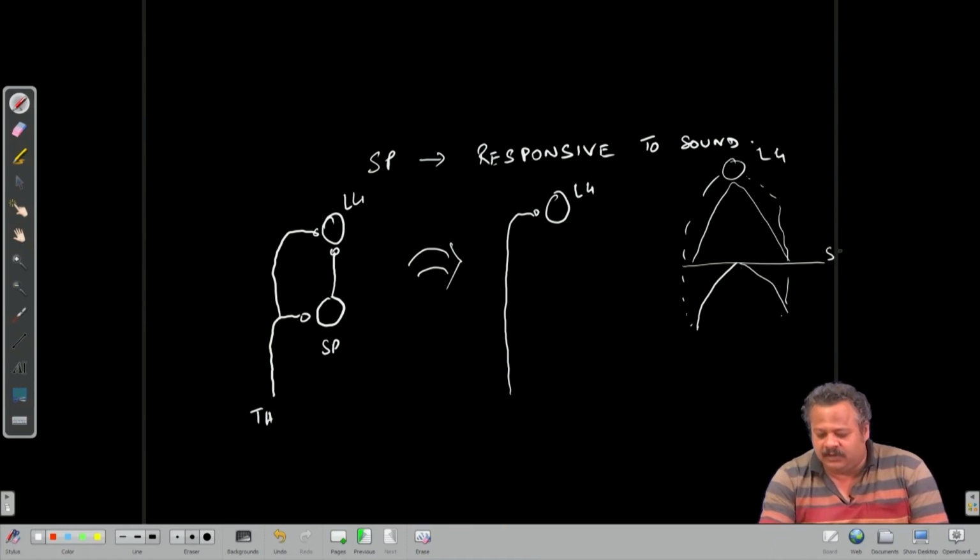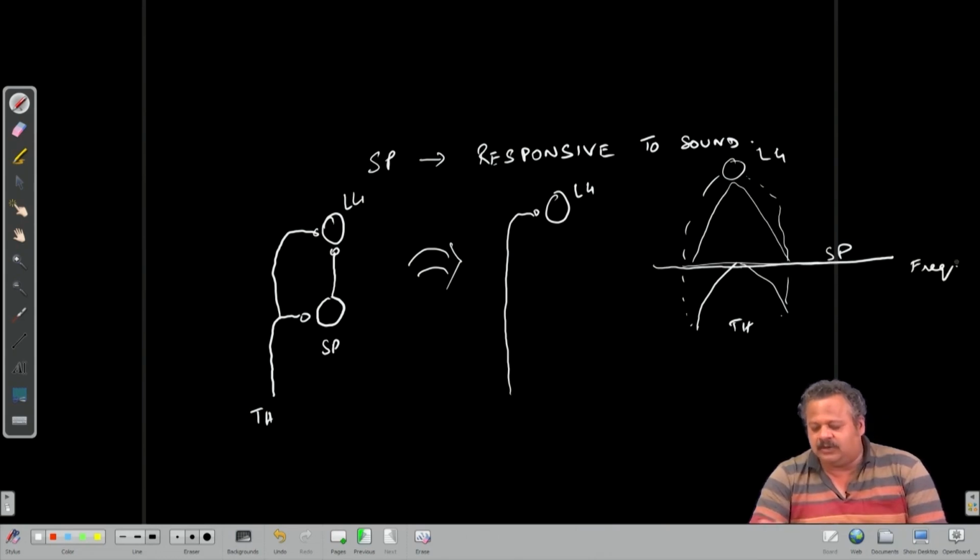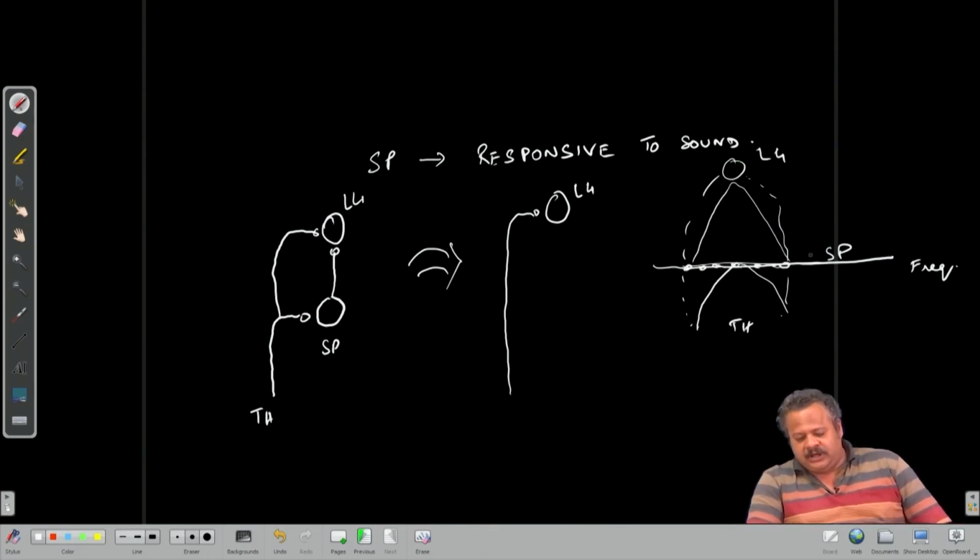So this is layer 4, this is subplate, and this is thalamus, where this axis is the frequency axis or the tonotopic axis, and many subplate neurons along the frequency axis project onto layer 4, and many thalamic neurons along the frequency axis project onto subplate neurons as well as layer 4 neurons, and a similar kind of arrangement, plastic development of the thalamocortical circuitry can be seen.